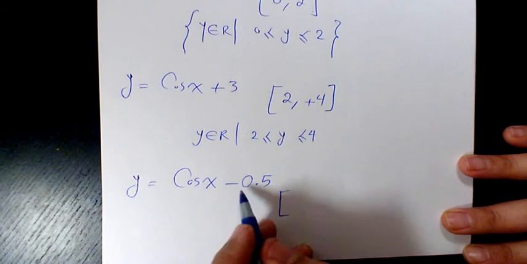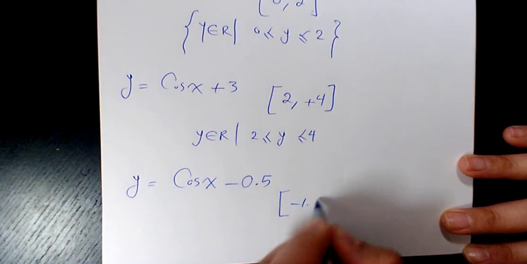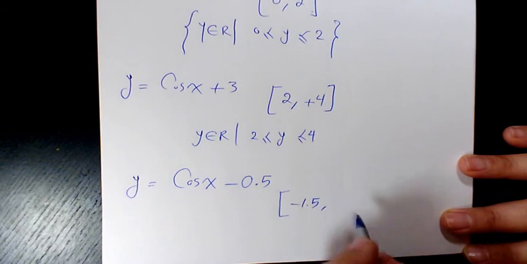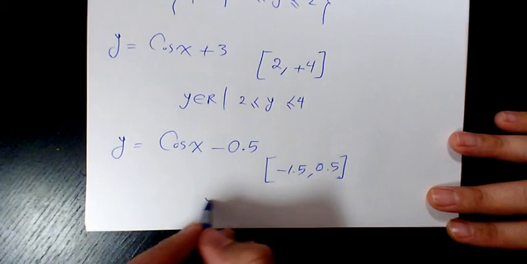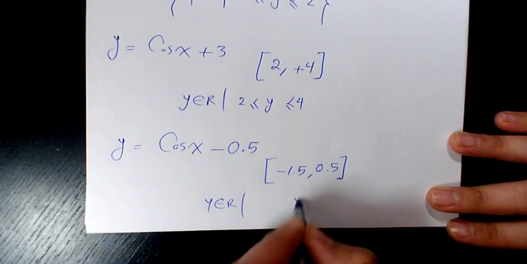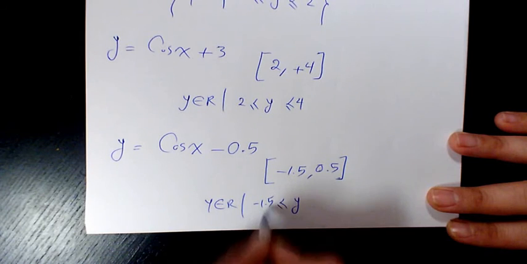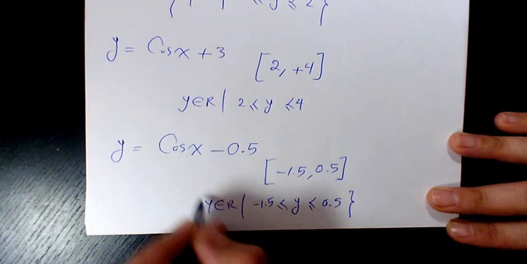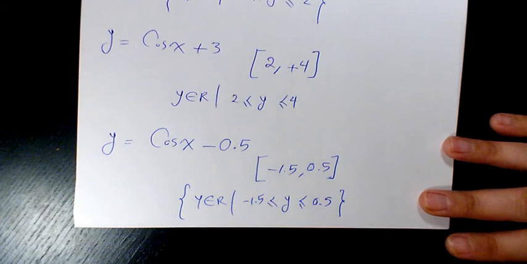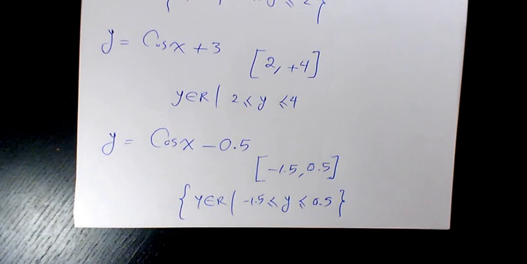In this case, -1 minus 0.5 is going to be -1.5, and 1 minus 0.5 is going to be +0.5. So y ∈ ℝ, y is changing from -1.5 to 0.5. So this is going to be the range of cos x - 0.5.